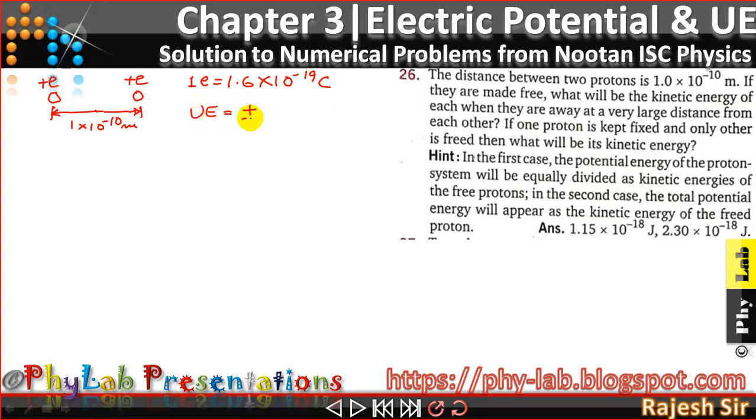That will be either plus or minus 1/(4πε₀) Q1 Q2 / R. Now what is Q1? Q1 is the magnitude of one charge. What is Q2? Magnitude of another charge. What is R? This R is the distance of separation between the two charges.